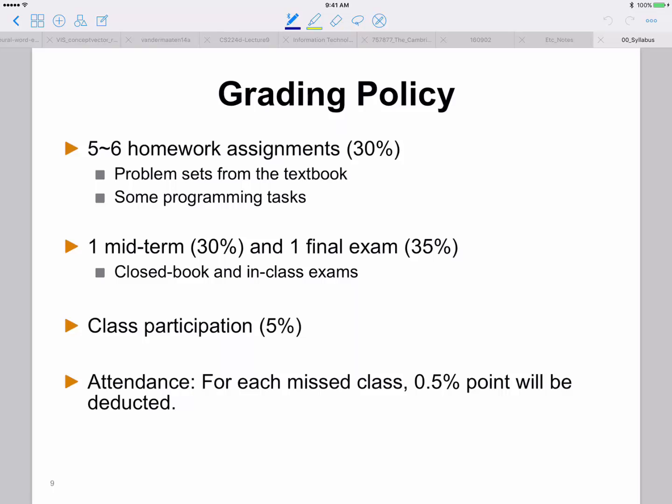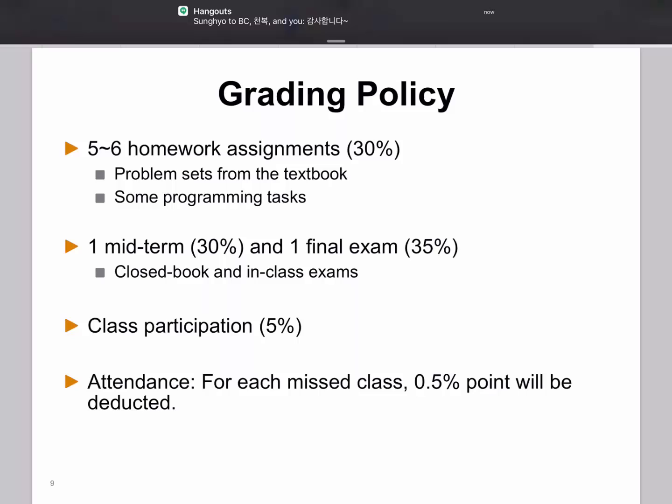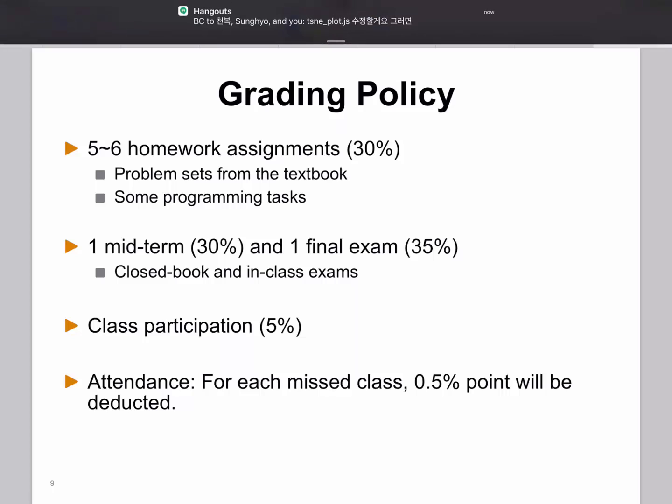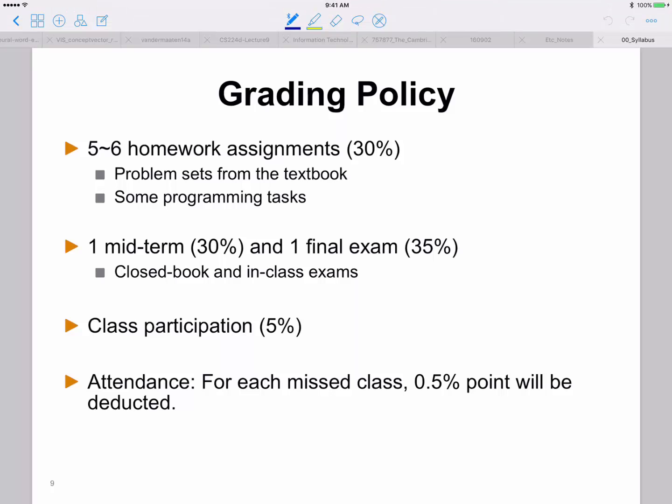But from class participation, I often remember those students who ask questions quite often, and a few of the students got a higher letter grade at the end due to class participation. Nobody will know who will be around that borderline where class participation will really play an important role.